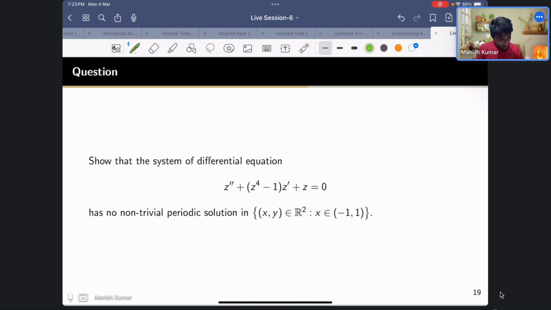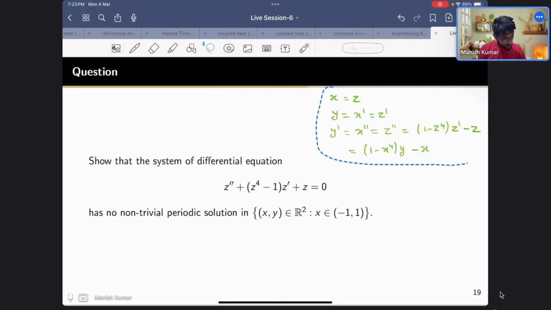Let me write this. Suppose x is equal to z and y is equal to z prime, which is x prime. Then y prime is x double prime, which is z double prime, and z double prime is minus (z^4 minus 1) z prime minus z, which is 1 minus x^4 times z prime, which is y, and then minus x.